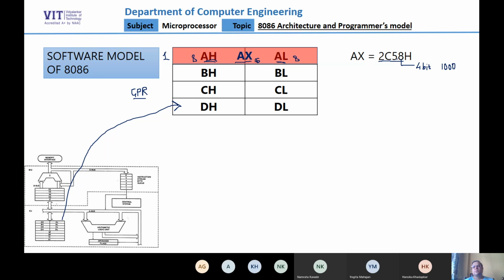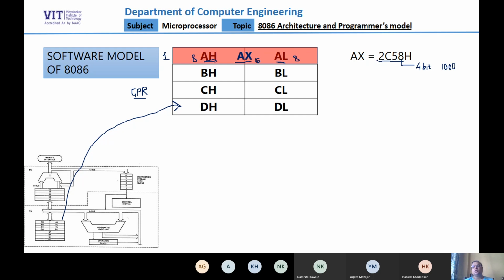Like 5 corresponds to 4 bits, that is 0101. Then C is also 4 bits, that is 1100. 2 is also a 4-bit number which consists of bits 0010. So if I count, it is 4 plus 4 plus 4 plus 4, 16 bits.